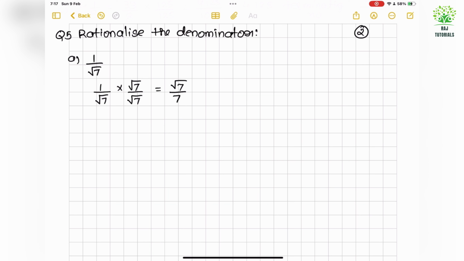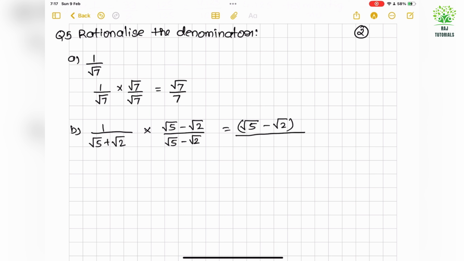Now the second one is 1 upon root 5 plus root 2. So this also I have to multiply by the conjugate, so root 5 minus root 2. Conjugate means I have to just change the sign in the denominator and multiply it with that. So this will be root 5 minus root 2 in the numerator upon, here in the denominator, it will be x plus a, x minus a.